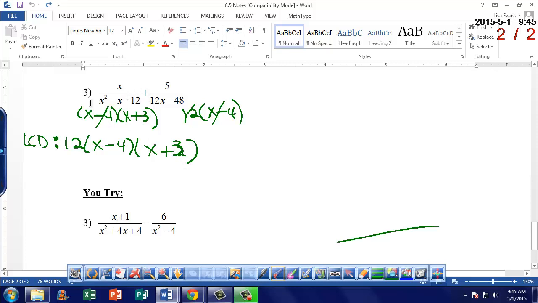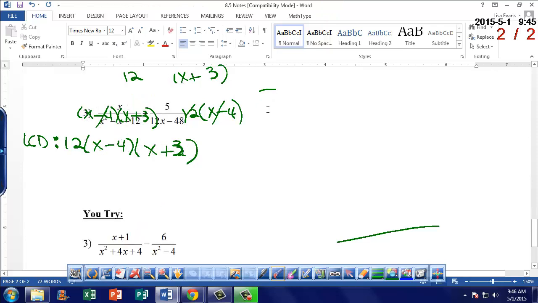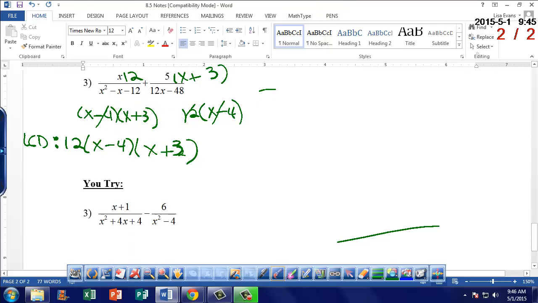Okay, now, what is this denominator missing to look like this? Just a 12. So we're going to multiply the numerator by 12. What is this denominator missing to look like this? Just an x plus 3. So I'm going to go ahead and multiply my numerators. So I get 12 times x is 12x.